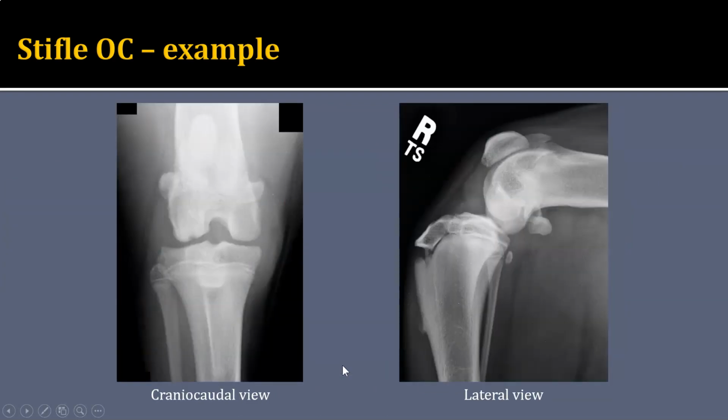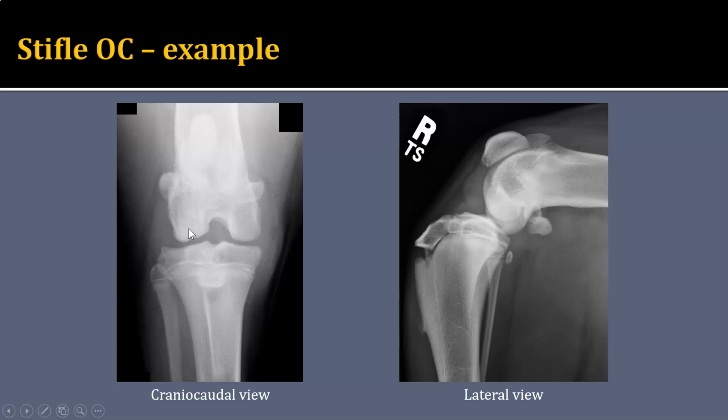Here's another patient with osteochondrosis lesion affecting the lateral femoral condyle. So in this patient, I see a smaller but more focally evident articular and subchondral defect in that margin of the lateral femoral condyle with surrounding subchondral sclerosis.